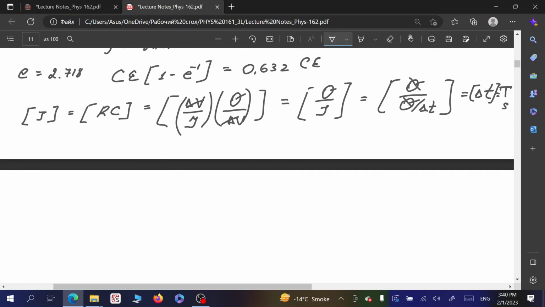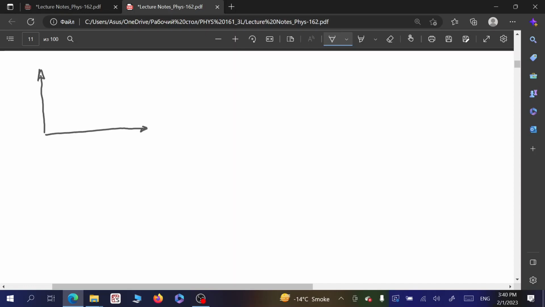Now let us show graphically the dependence of electric charge and electric current versus time. So we have Q as a function of time.